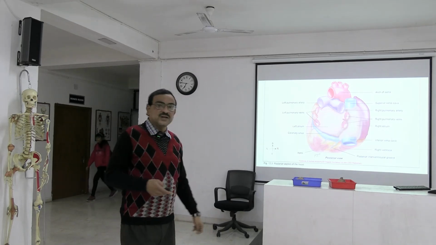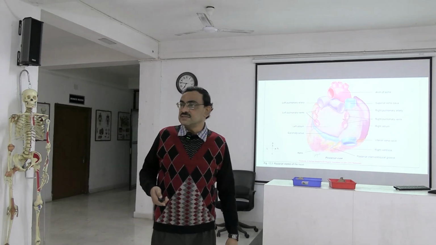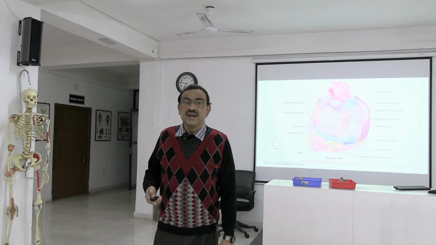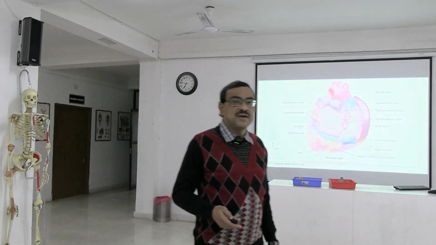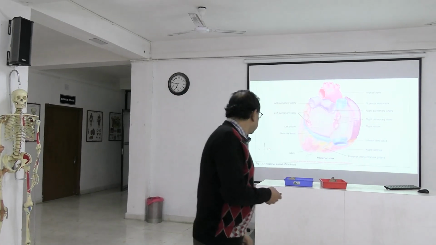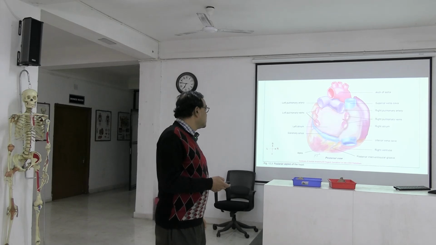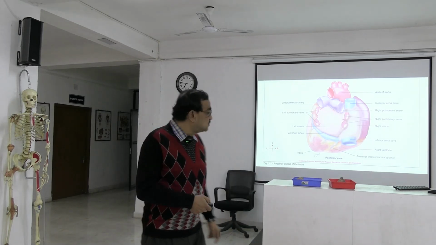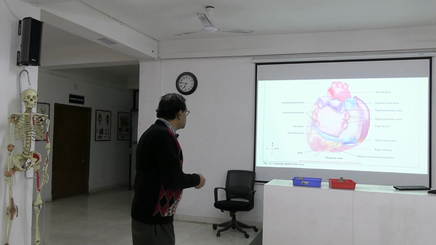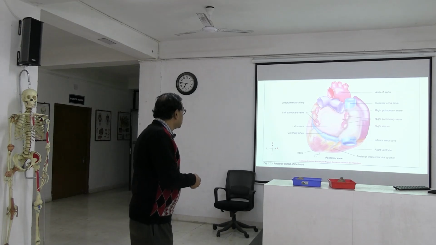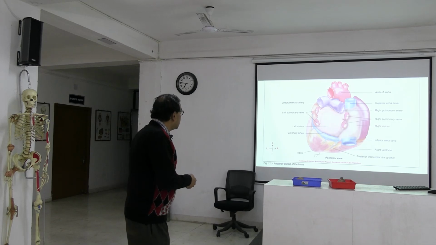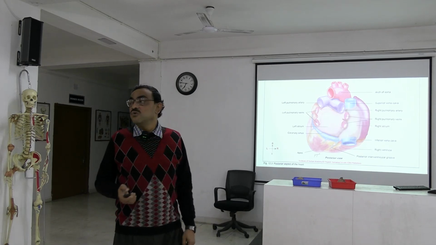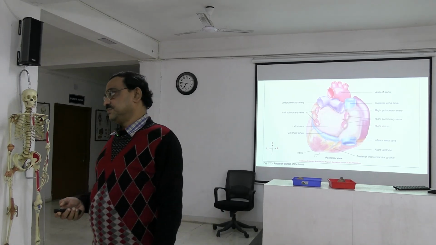The tributaries of this coronary sinus are the great cardiac vein, small cardiac vein and middle cardiac vein. This area is also called the posterior part of the coronary sulcus, where we can see the anastomosis between the right and left coronary arteries.